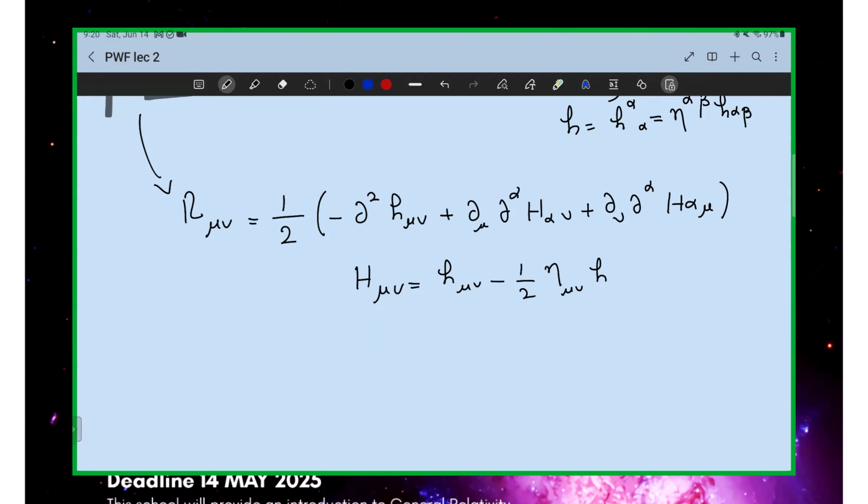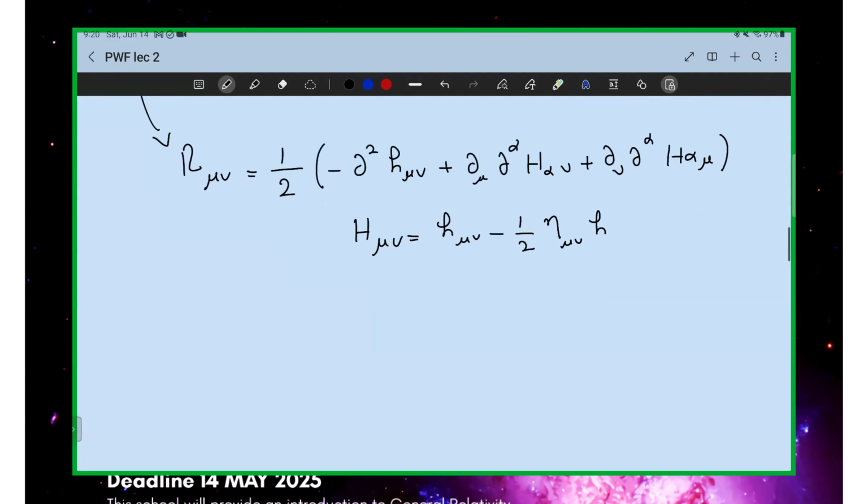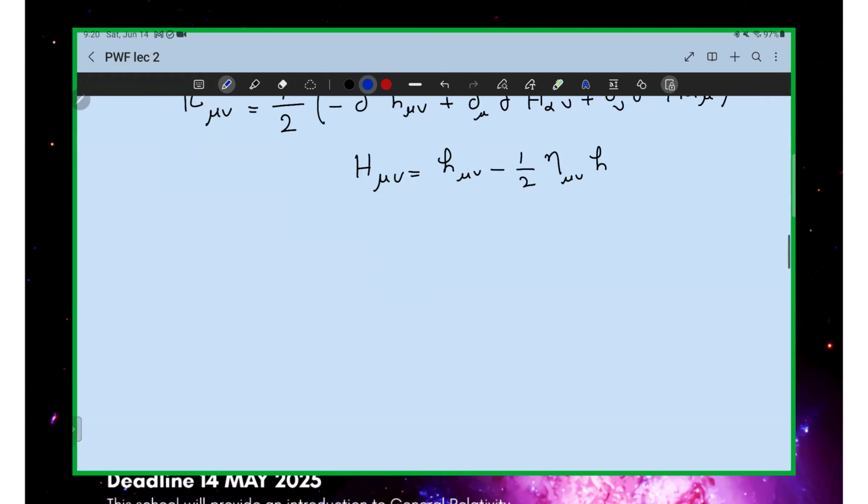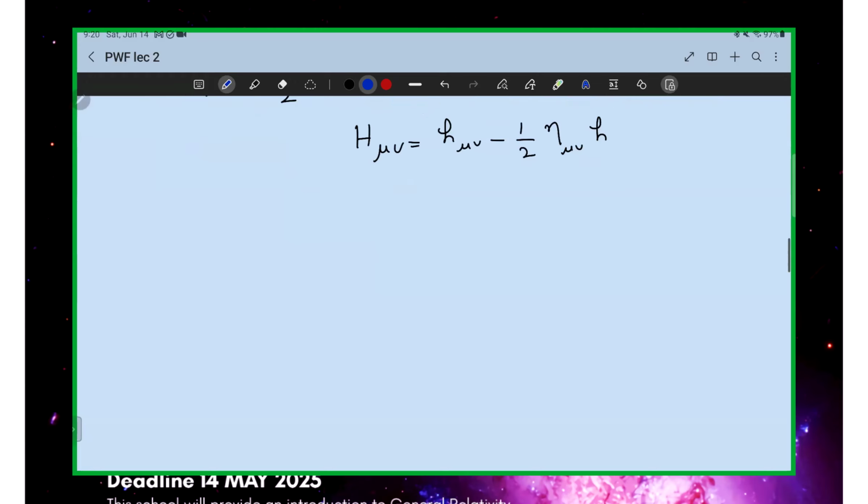Now, what I'm going to do is talk about gauge transformations in the context of gravity. I don't know if you are familiar with gauge transformations in electrodynamics, but let me just give you a simple refresher. So in electrodynamics, we have this quantity called A mu, which is called the potential.